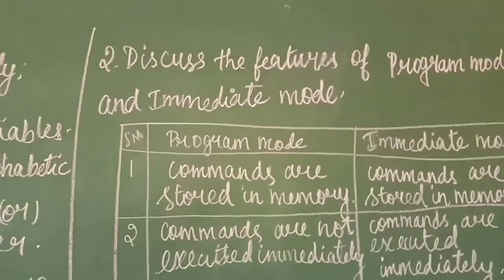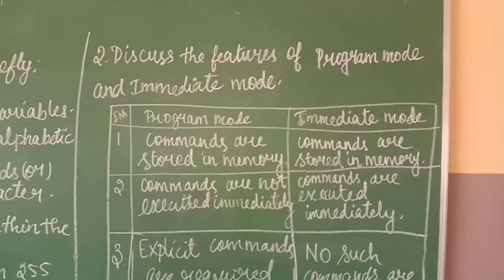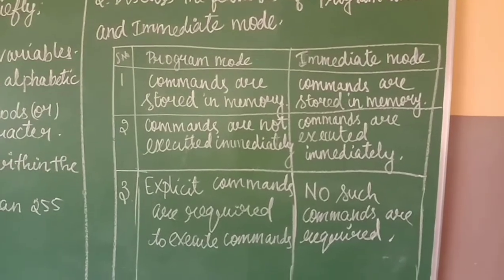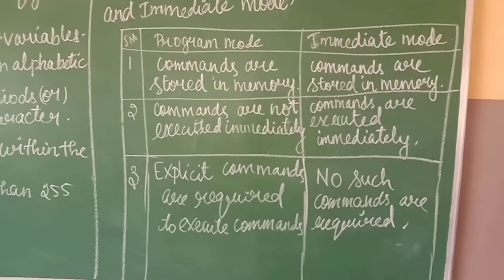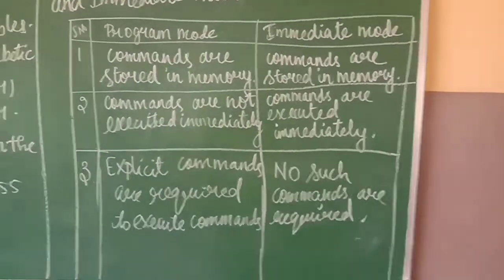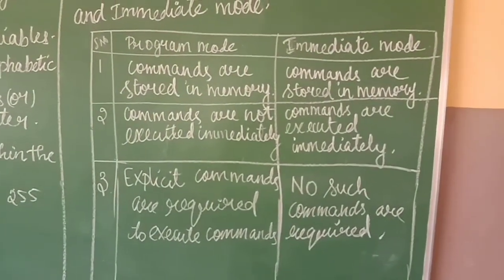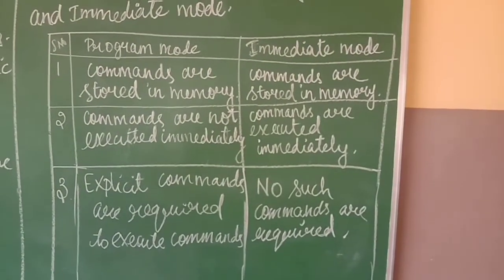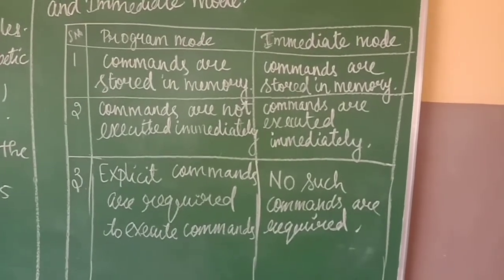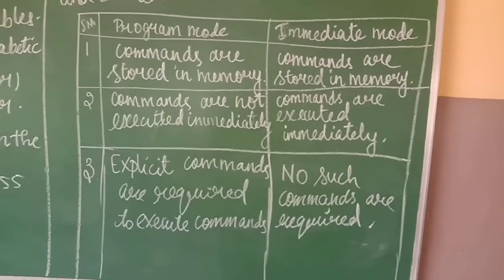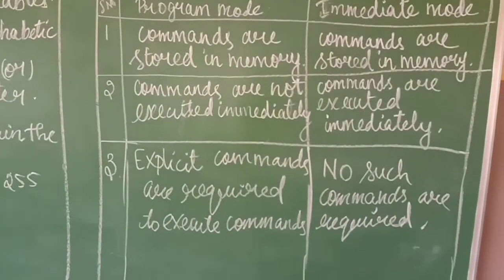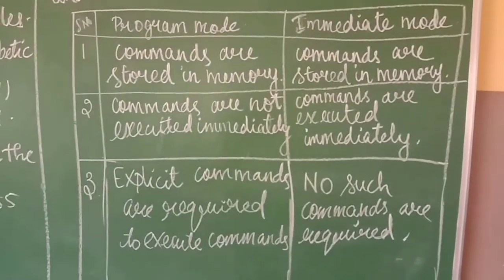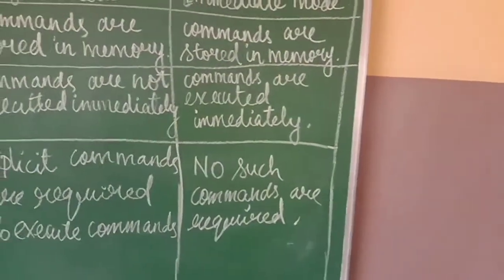And second question is, discuss the features of program mode and immediate mode. We have some differences. In program mode, usually the commands are stored in memory. In immediate mode, commands are not stored in memory. Second, in program mode commands are not executed immediately. In immediate mode, commands are executed immediately. Third, in program mode explicit commands are required to execute commands. In immediate mode, no such commands are required.